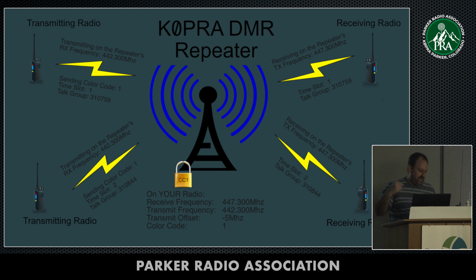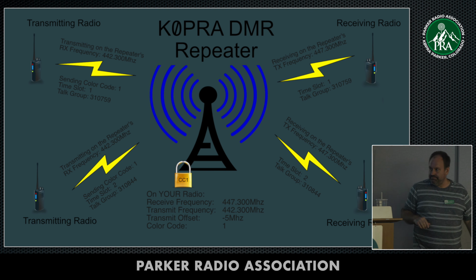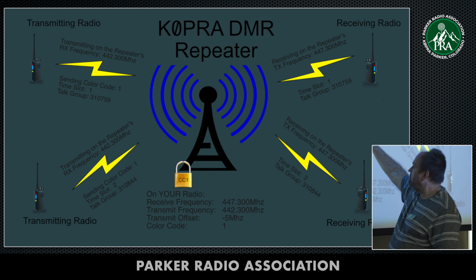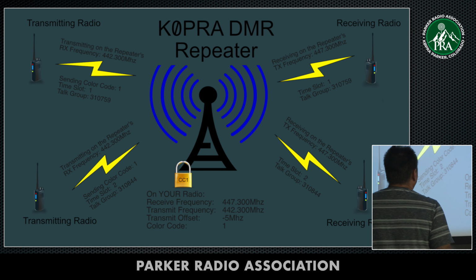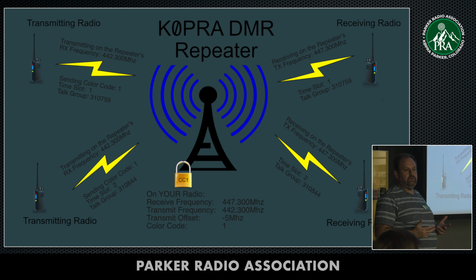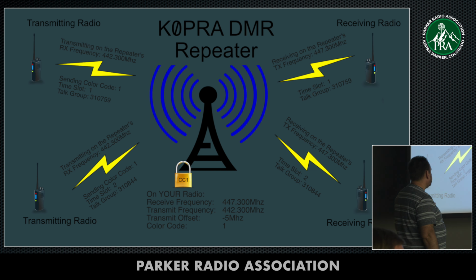So here's another one of my illustrations. And we'll just look at this real quickly. So this is, again, our PRA DMR repeater. And we know that we've got two talk groups that are always linked to it. We've got our PRA local, but we've also got our Colorado mega. They happen to be on different time slots.